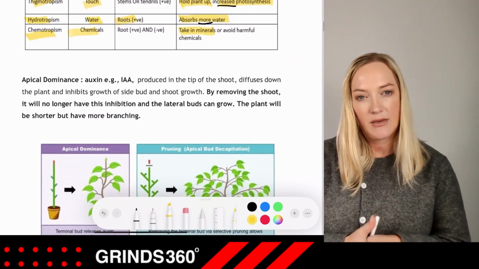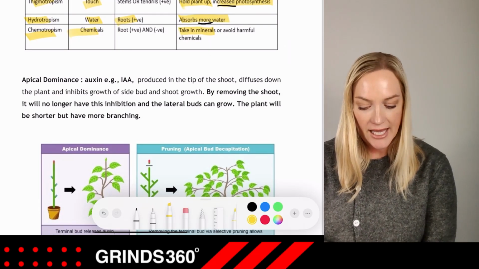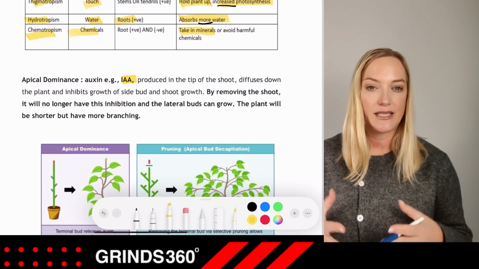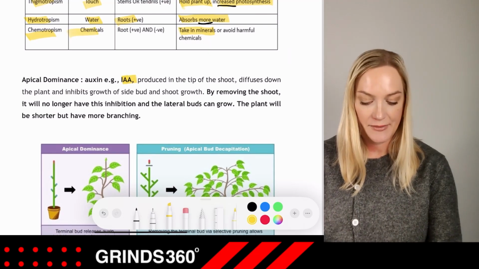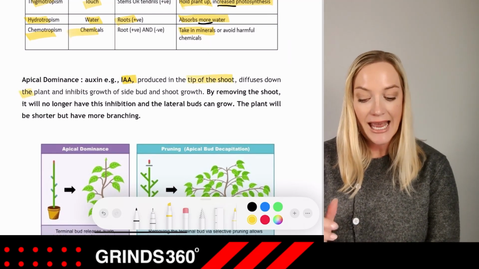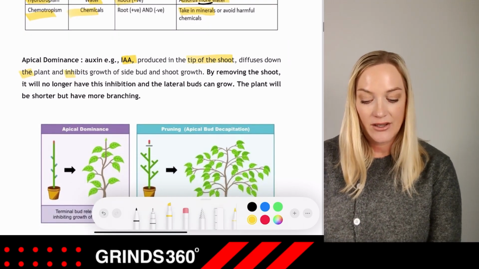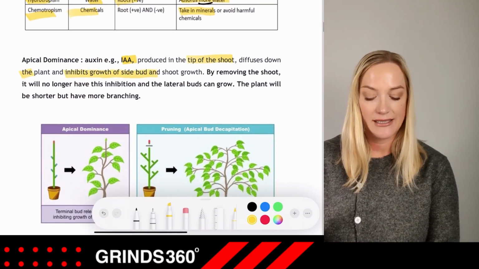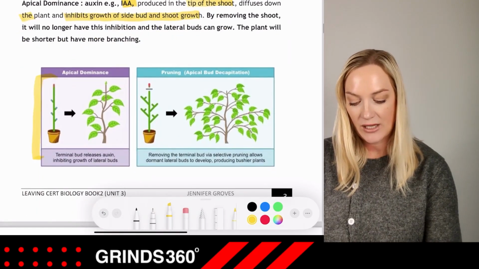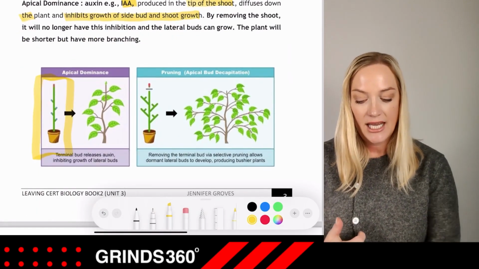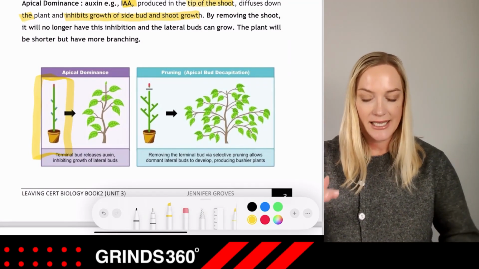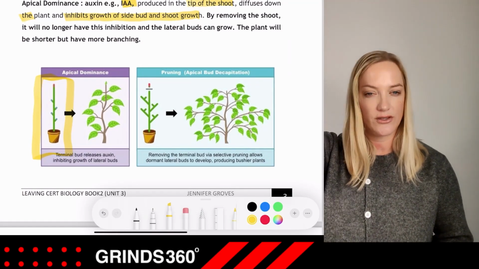Now, apical dominance. For example, IAA. IAA is produced at the meristems, meristematic tissue, root and shoot tips. And what it does, it will diffuse down the plant, and it can inhibit the growth of the sides of the plants. Now, here you can see in this one, we have apical dominance. Here is our IAA being produced at the top. And what will happen is that the plant will just keep going taller and taller and taller.